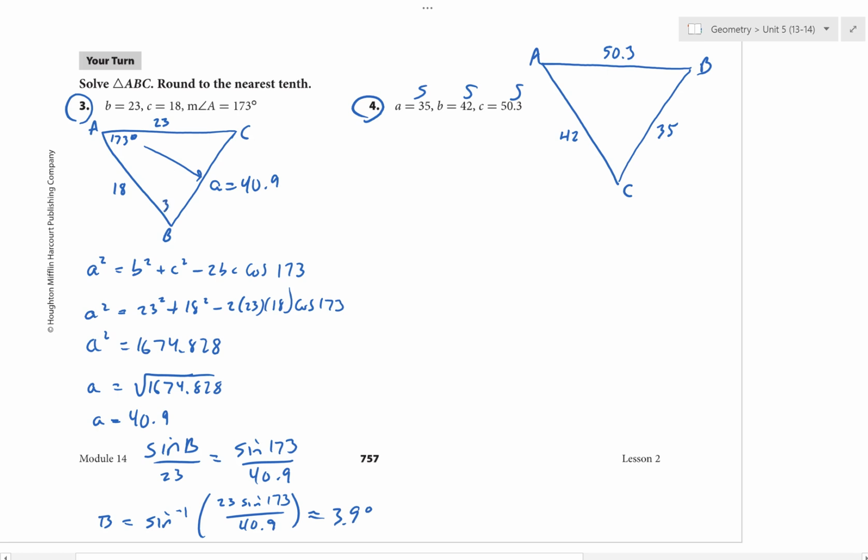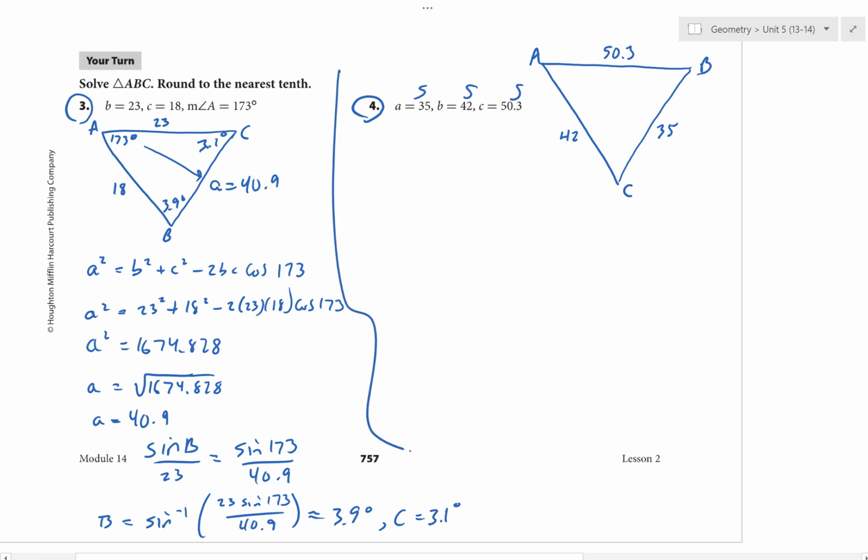If B is 3.9 degrees, now we can subtract from 180. 180 minus 3.9 minus 173 is 3.1. So angle C is 3.1 degrees. And now we know all 3 angles and all 3 sides.